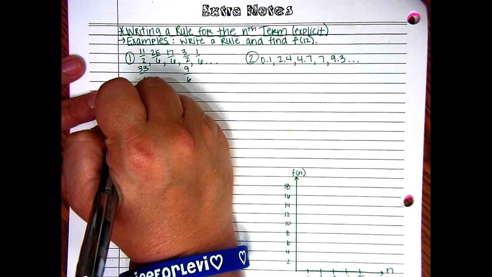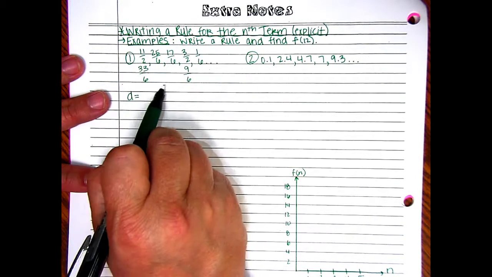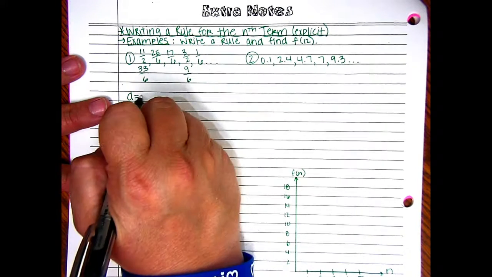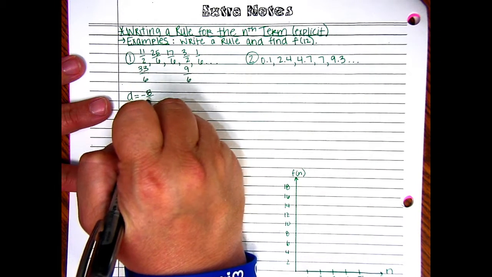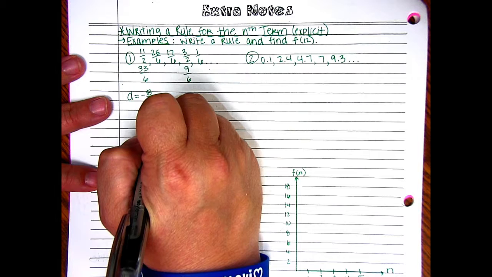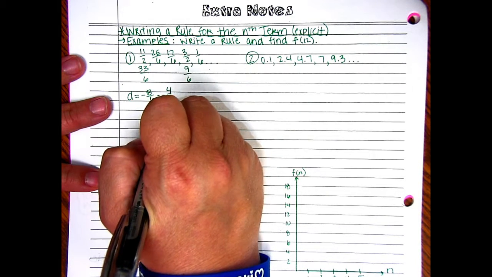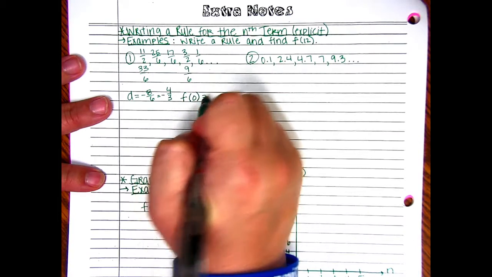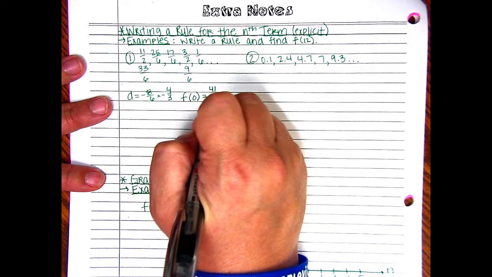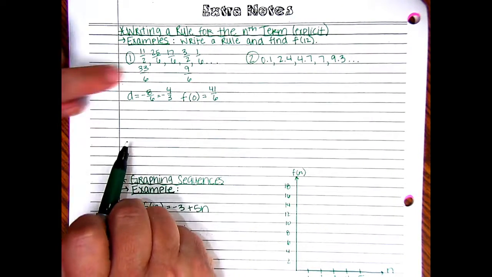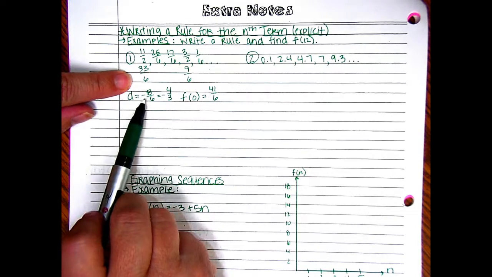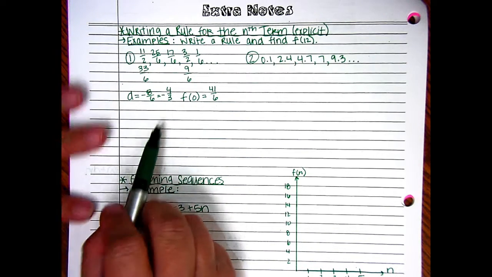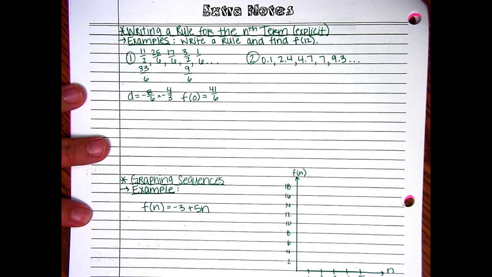We still need the common difference, and the common difference in this is negative 8 sixths, which simplifies to negative 4 thirds. And f of 0 is going to be 41 sixths. So we did 33 and added the 8 sixths to it and got 41 sixths.